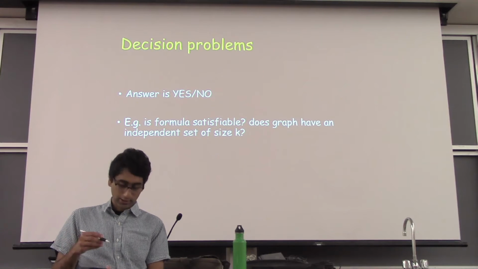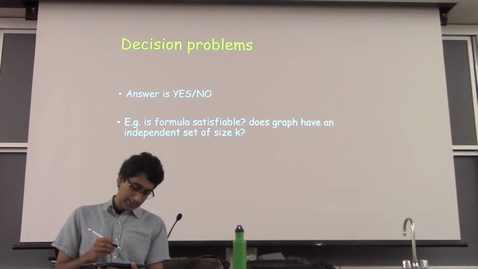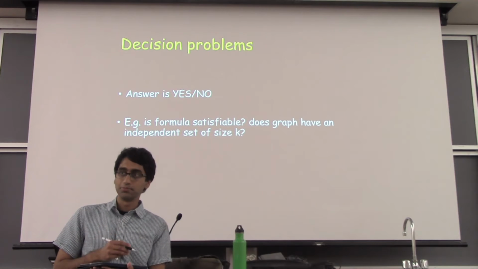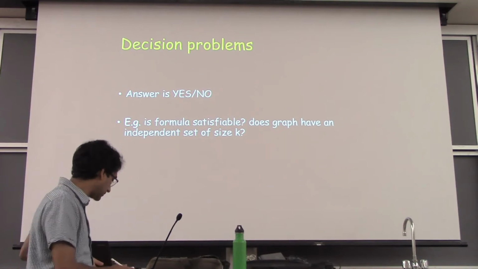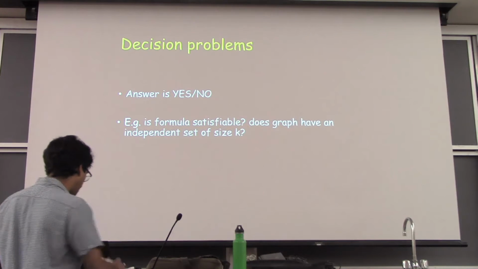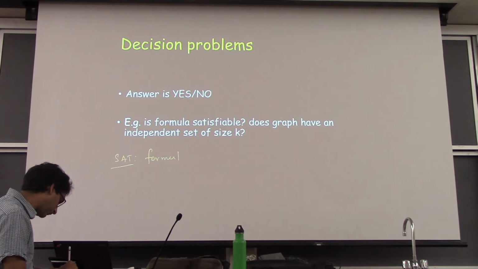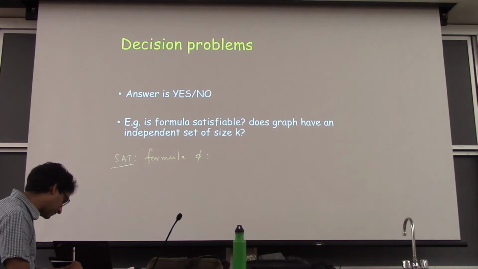One question that's naturally a decision problem is the satisfiability problem. In satisfiability, we have a formula phi. This is what I'll call the SAT problem. So you have a formula phi, and you ask, is phi satisfiable?